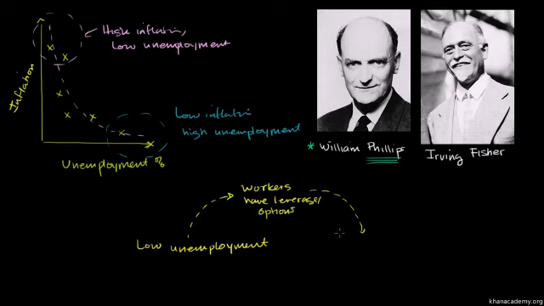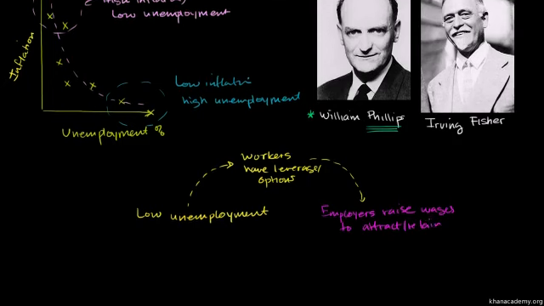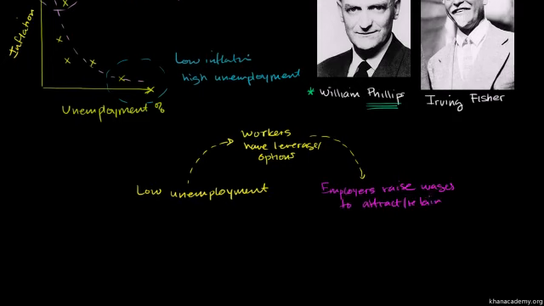Employers, so let me think of it from the employers' side. Employers raise wages to attract and retain employees. But of course, when you increase wages, you are increasing buying power, generally for workers.